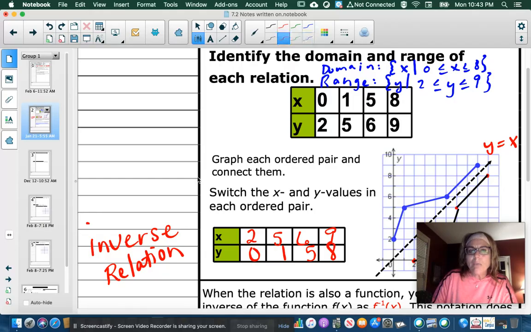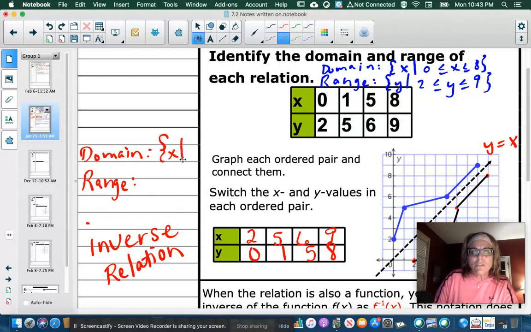So what's going to happen now on the inverse, the domain is going to be the range of the original. So all x such that x is in between 2 and 9, and all y such that y is in between 0 and 8.